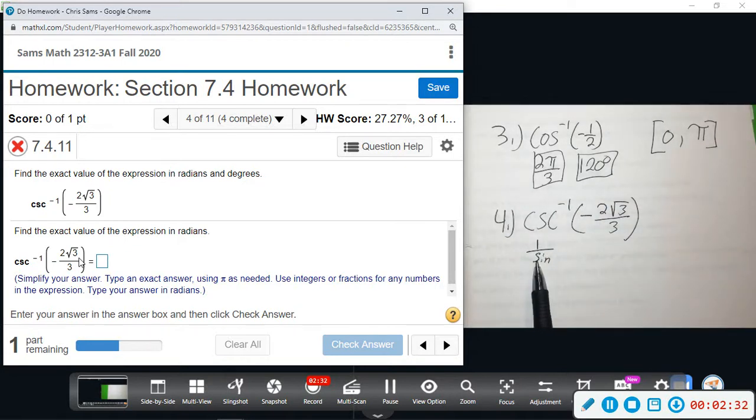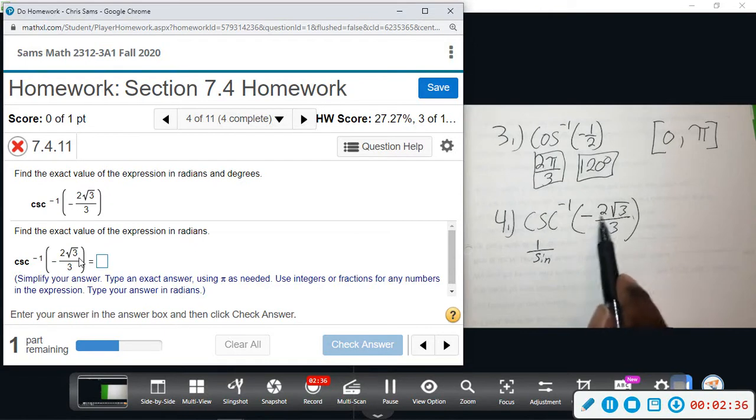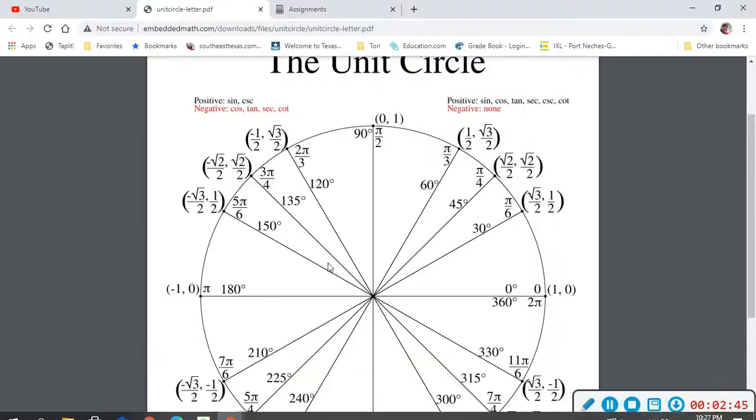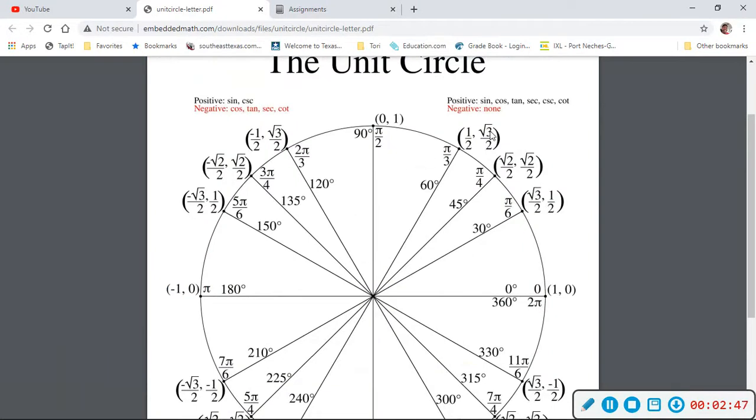I can see from here that I have a square root of 3 and 2. On the unit circle, once you become familiar with it, you'll begin to recognize some of this. When you look at all the sine values, you have square root of 3 over 2 and 1/2. That's all it does, it repeats square root of 3 over 2, 1/2.